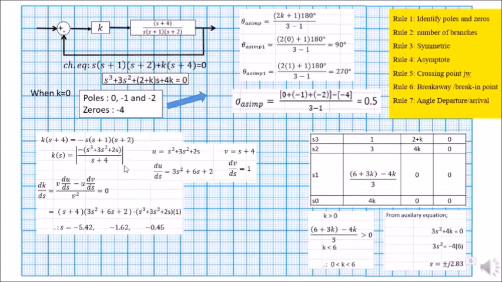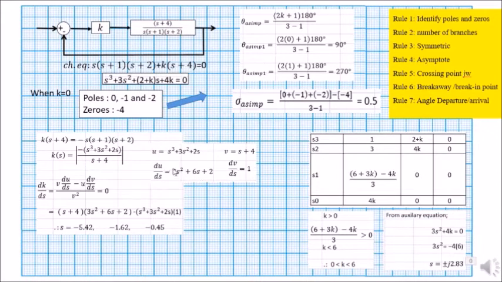To solve this case, we have to employ this formula, where the differentiation of K over ds equals V du over ds minus U dv over ds, divided by V squared, equal to 0. V refers to this equation and U refers to this equation. For du over ds, we differentiate this equation like this, while for dv over ds, we differentiate this equation.